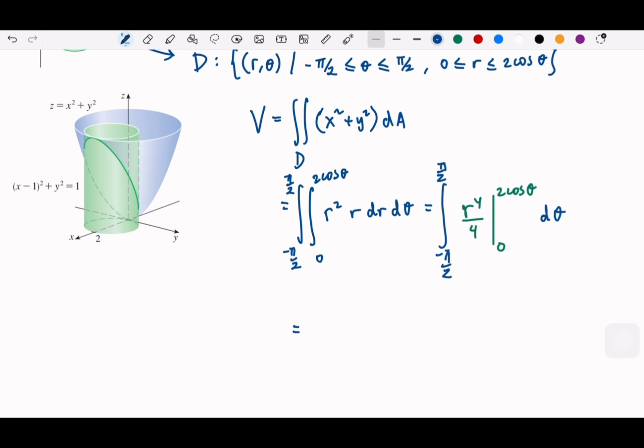And we put in the 2 cosine theta, so this should be 16, but divided by 4 becomes 4. I will write it outside. And then the r to the power of 4 becomes cosine to the power of 4 theta d theta.